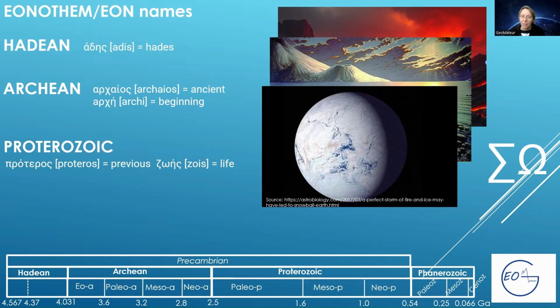And that led to global glaciation. It's known as snowball Earth or slushball Earth. But Proterozoic is also known for the development of the first eukaryotic life and the first more complex life at the end of Proterozoic.